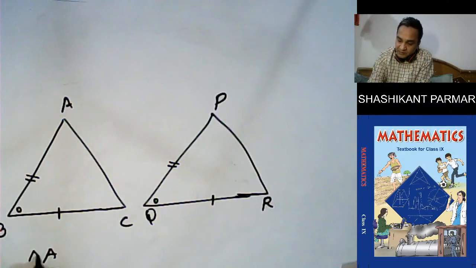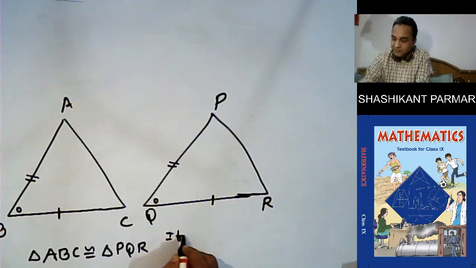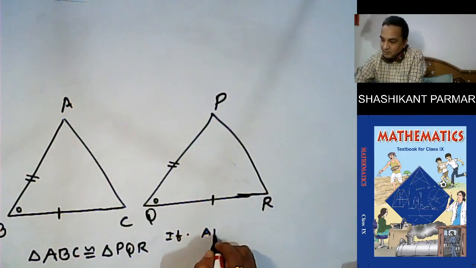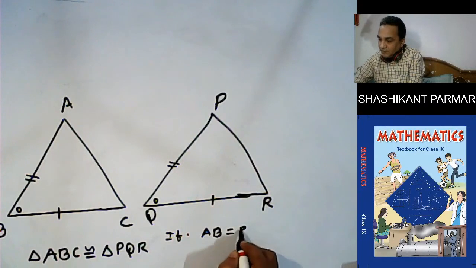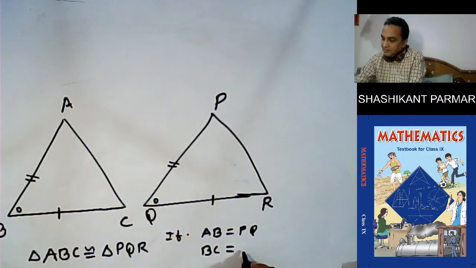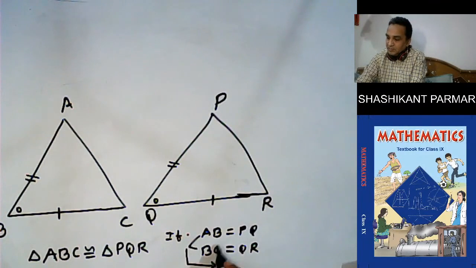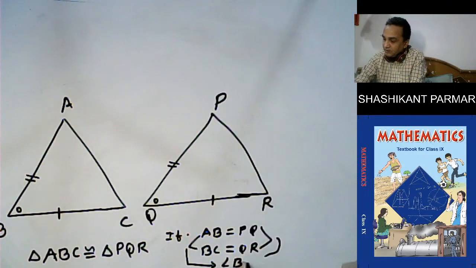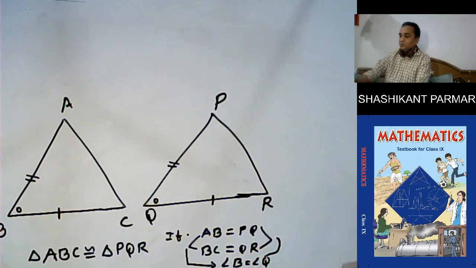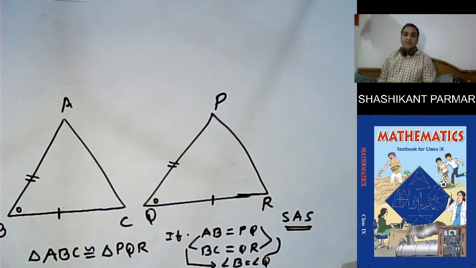So then we can write triangle ABC congruent to triangle PQR if AB and PQ are equal, BC and QR are equal, and included angle here is angle B and included angle here is angle Q. So side, angle and side, this is what rule 7.1 says.